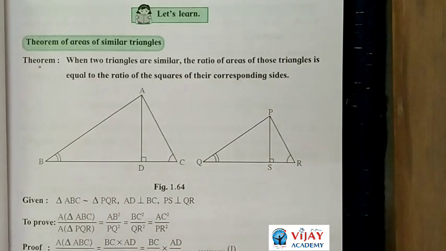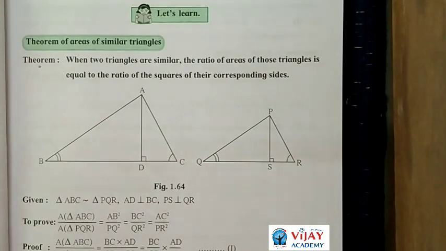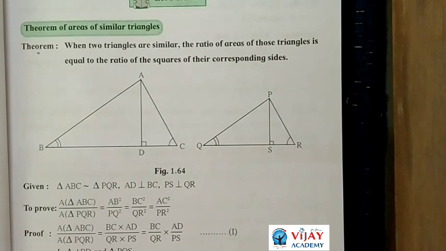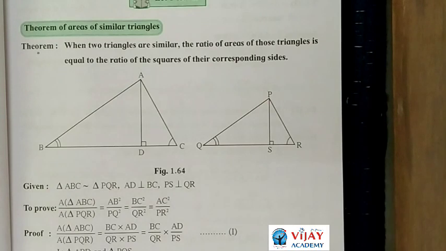So according to this theorem, area of triangle ABC upon area of triangle PQR is equal to AB square upon PQ square, is equal to BC square upon QR square, and is equal to AC square upon PR square. So this is about only sides.